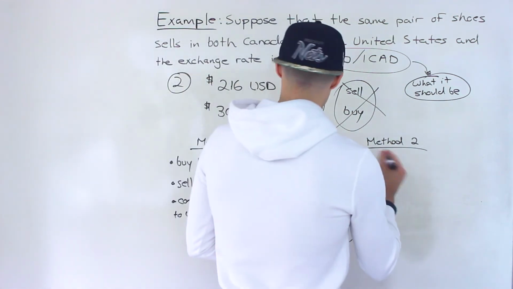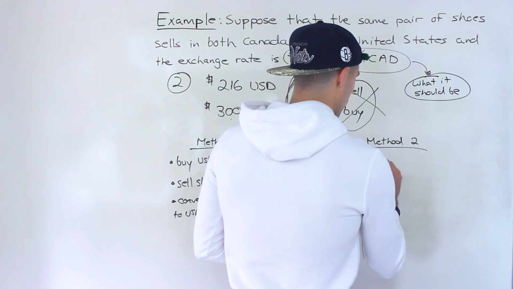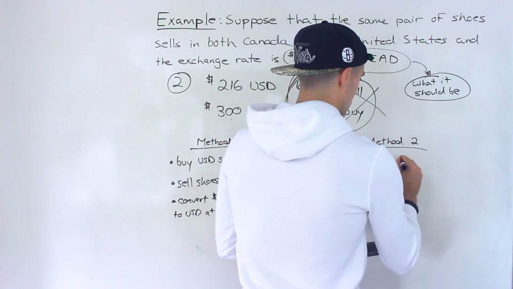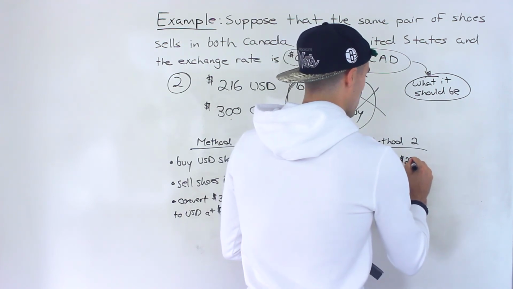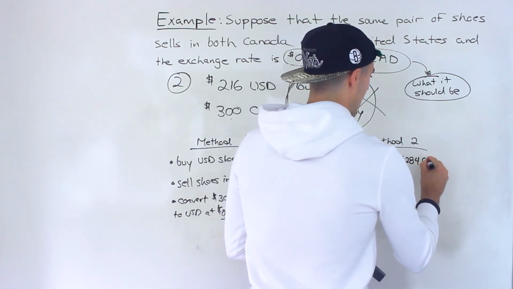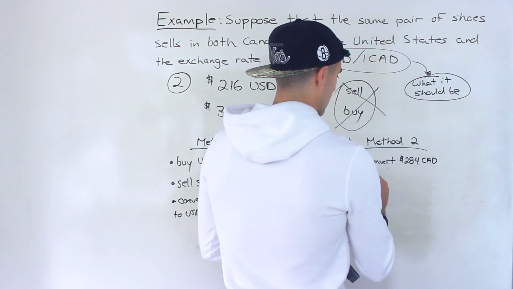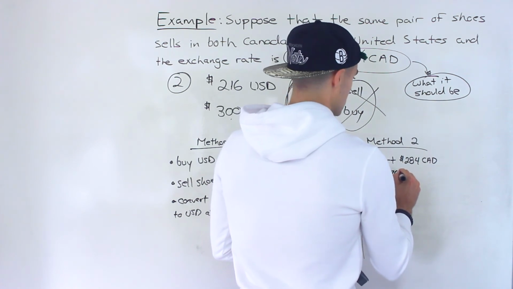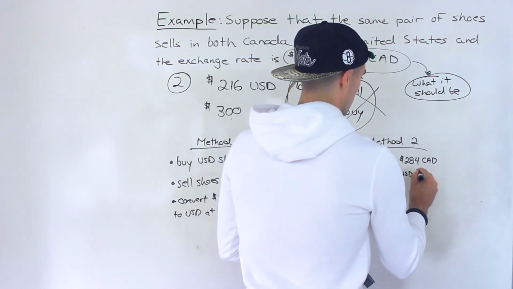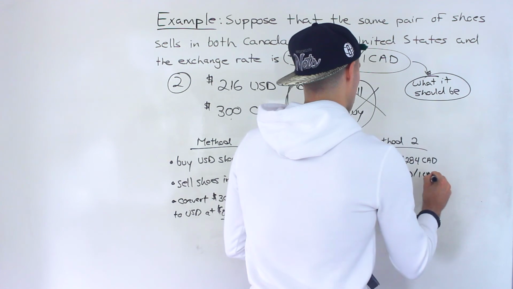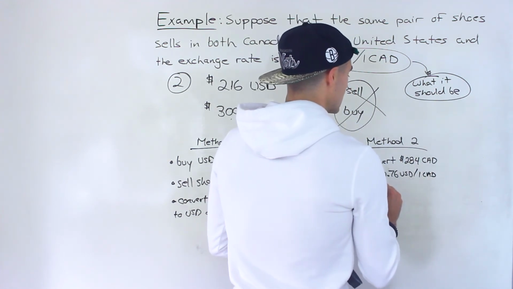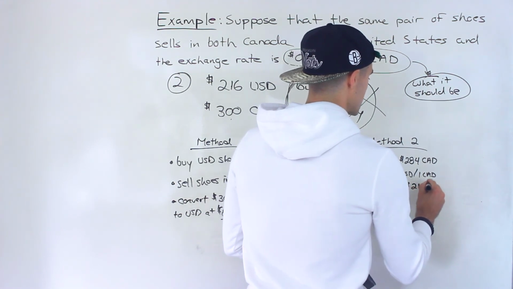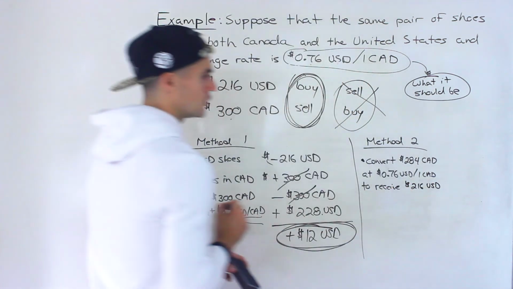So the first step is we're going to convert 284 CAD at the exchange rate that the bank has given us to receive 216 USD.